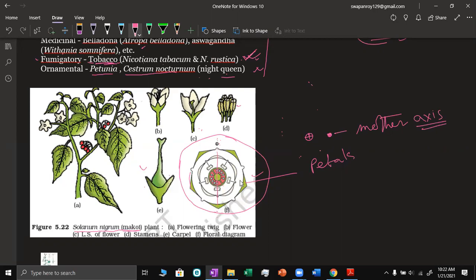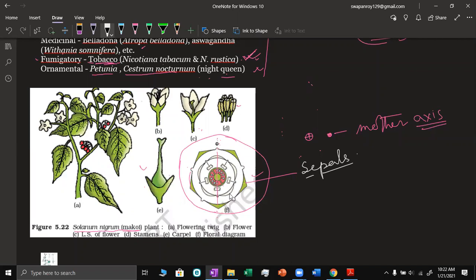They are united, gamosepalous, with valvate aestivation, non-overlapping.